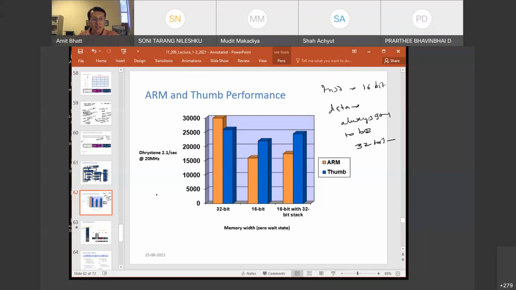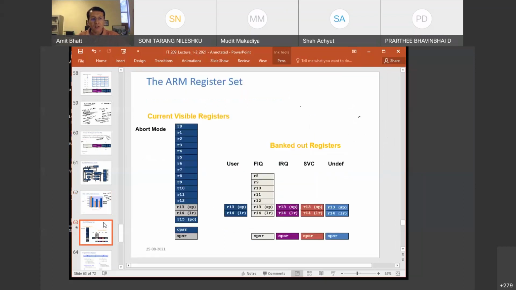Okay, now we are coming down to the first meat of our topic. Remember, I said that at any time you have 16 registers and 17.